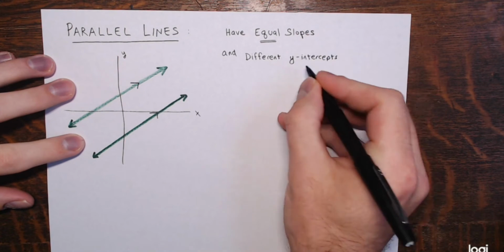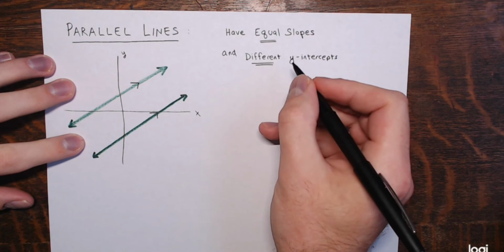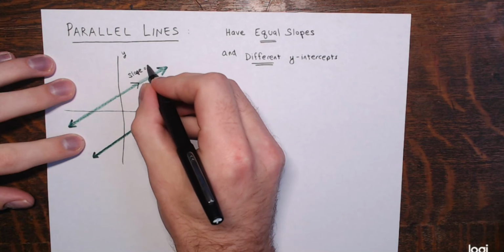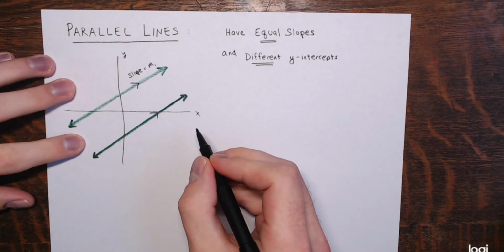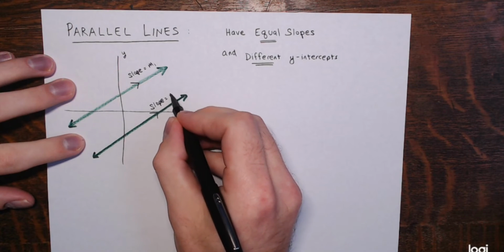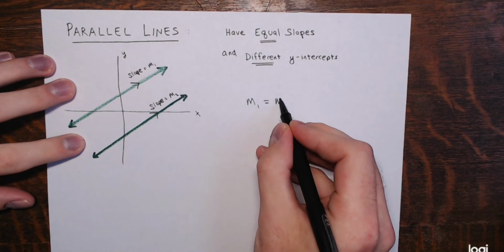Or x-intercepts as well, just different intercepts really. So if the slope of this line was say m1, and the slope of this other line was m2, then you have m1 equal to m2, right?